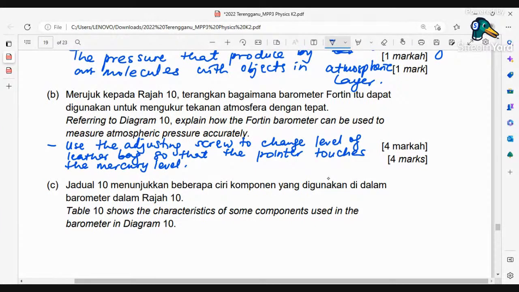First, use the adjusting screw below to change the level of the leather bag so that the pointer touches the mercury level. When brought to some place, maybe the pointer does not touch the level of mercury due to change in pressure. So we just use the adjusting screw to raise or lower the leather bag until the pointer touches the mercury level.